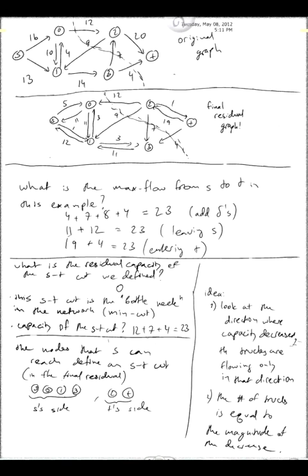The dual rho values just told us which side of the minimum cut a node was on. So all of these nodes over here would have a rho value of 1 because they're on S's side, and all of these nodes over here would have a rho value of 0 because they're on T's side. The dual problem also had some pi values, and the pi values are just going to be 1 for edges in the minimum cut.